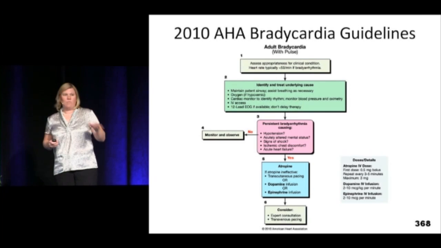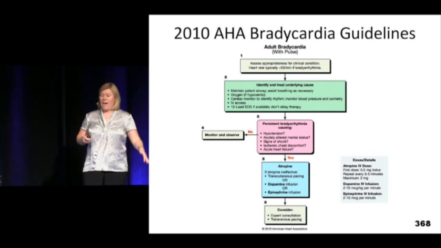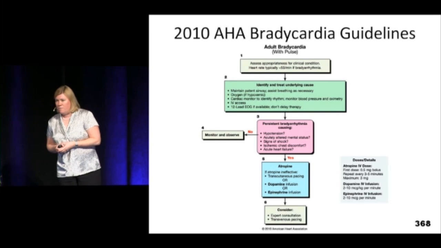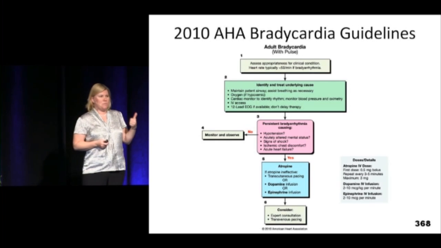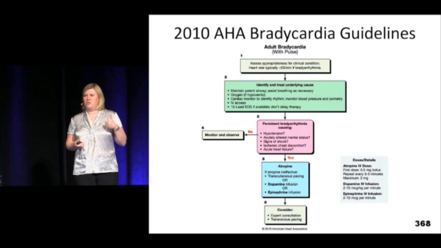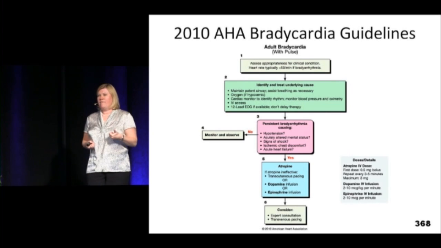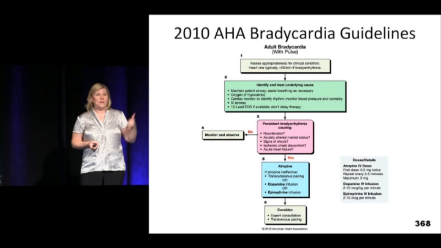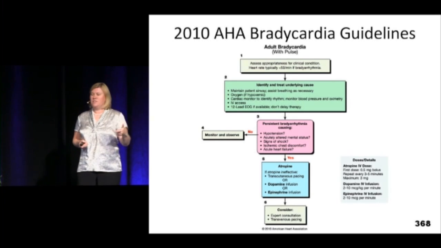But if you think that rate is actually causing them to have one of these signs of poor perfusion, then you have some choices of what you can do. This is where atropine still plays a role in the AHA algorithms. You can choose to try atropine. It's a 0.5 milligram dose. They still have a pulse, so it's 0.5 milligrams. Or you can choose to pace them. You can do that transcutaneously.